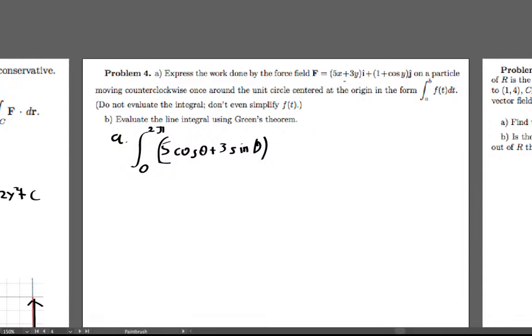When you compute the integral of cosine theta, it's going to be a minus sine theta d theta, and then you add this by 1 plus cosine of sine theta.